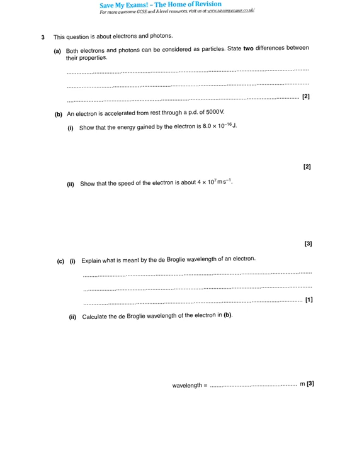Now this question 3 is about electrons and photons. Both electrons and photons can be considered as particles. State two differences between their properties. So here we are trying to compare electrons and photons' properties, meaning their charge, speed, mass, and so on.